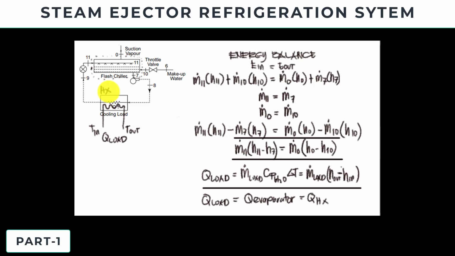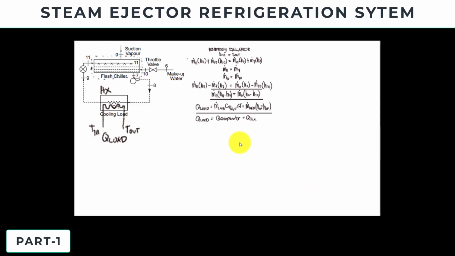Usually, this part is already a heat exchanger, so that will definitely be a heat exchanger to exchange the heat. So we can write the Q of the evaporator, or that will be the Q of the load. This can be equated to the mass flow rate of 7, which is flowing here, and that is equal to the mass flow rate of 8, 9, and 11, multiplied by the change in enthalpy from point 11 to point 7.